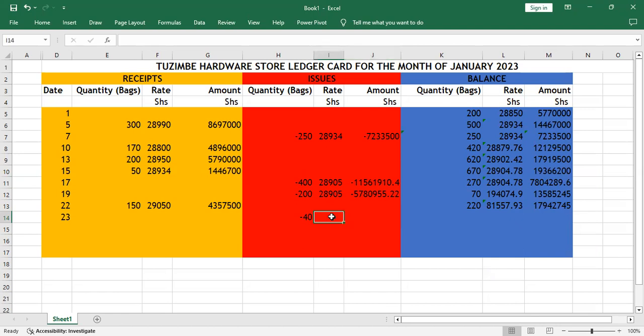Since we are using the average method, we shall value them at the average method as at that date.